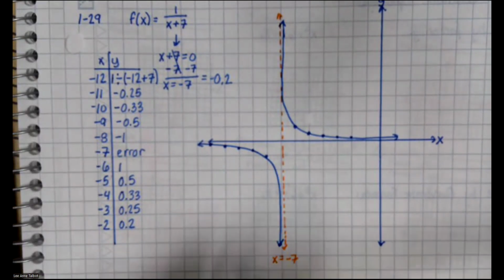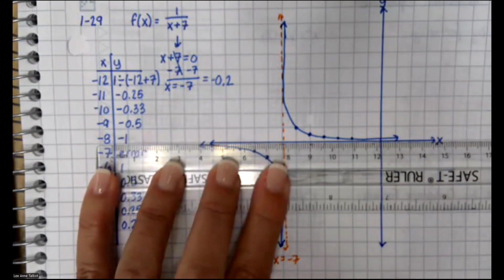And then there's actually a second one on the x-axis itself.